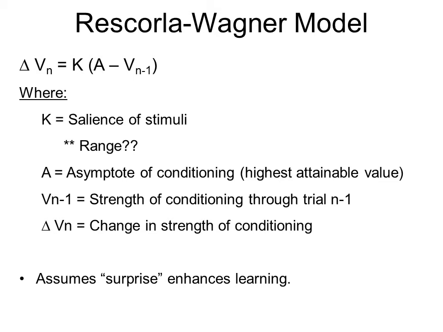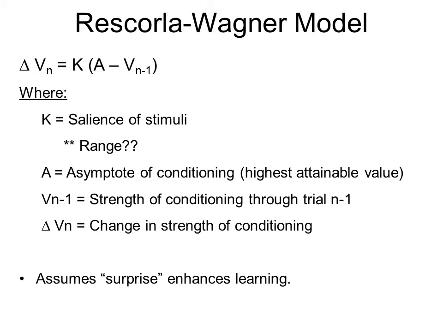There isn't going to be a situation in which the conditioned response exceeds the unconditioned response. So the asymptote, or final destination, of the conditioned response will be dictated by the ultimate strength of the unconditioned response. It's not going to ever exceed it, and so we need to know where that final point is going to be. So that's where the asymptote, or A in the model, is derived from.